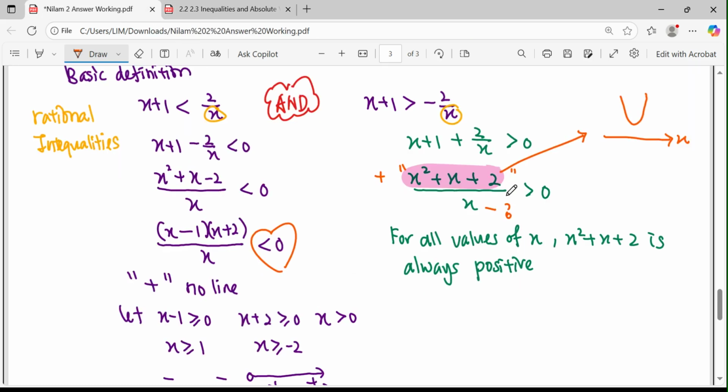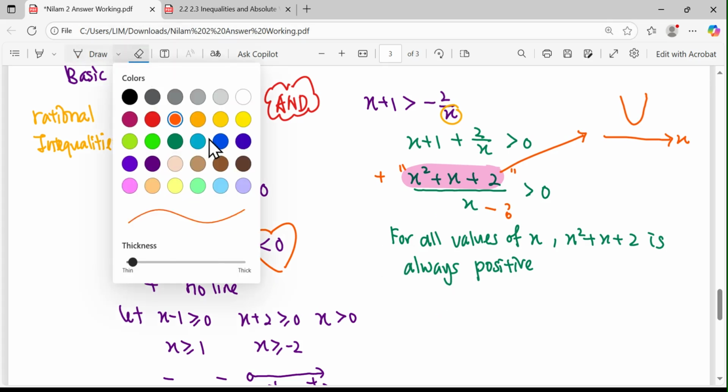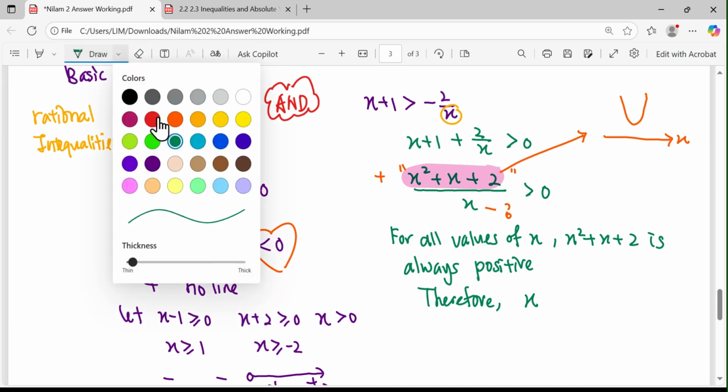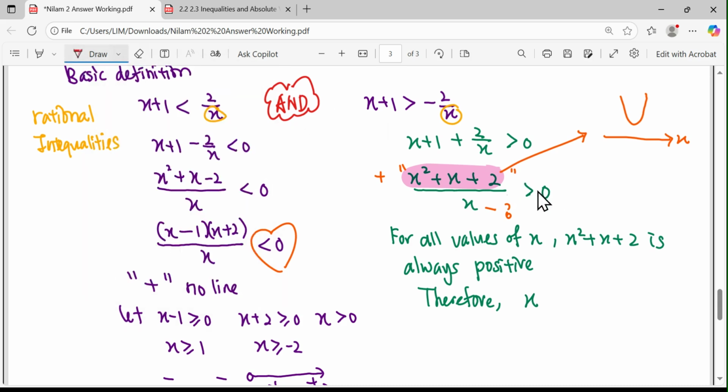Alright, so this is how we do the analytical method. Since this numerator is always positive, for the denominator that is uncertain, what kind of characteristic does your x have to have so that you get positive?